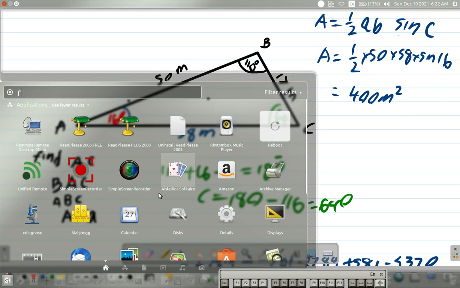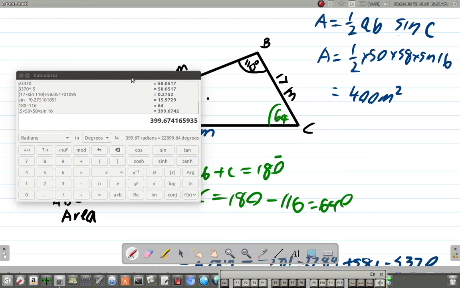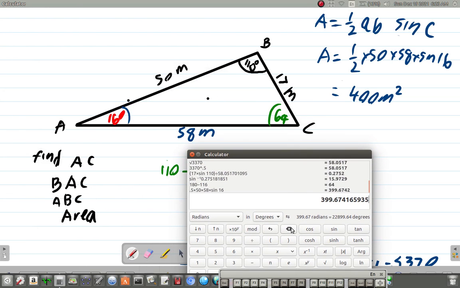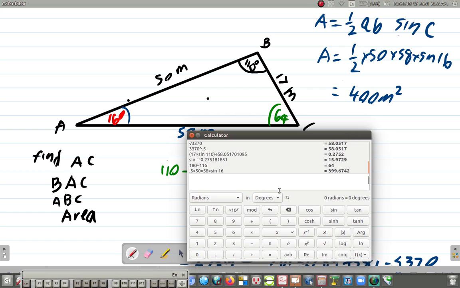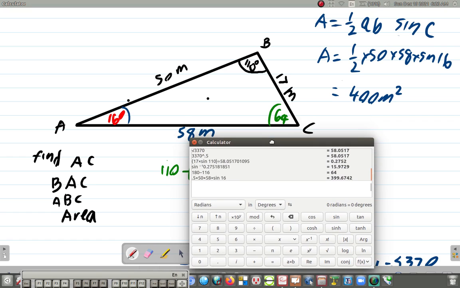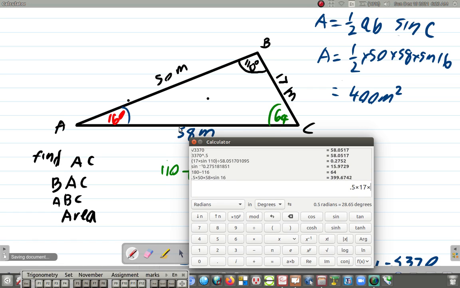We'll also try it with another two sides. The area of a triangle is 0.5 times this side 17 times this side 58 times the sine of 64.